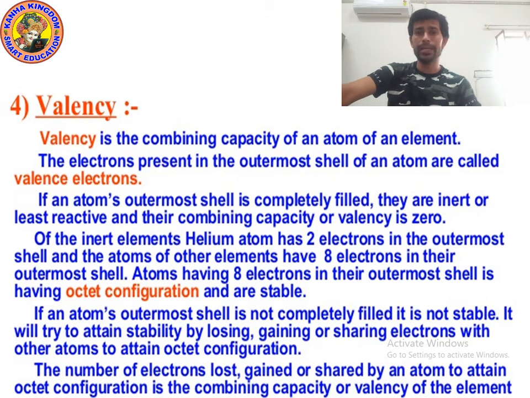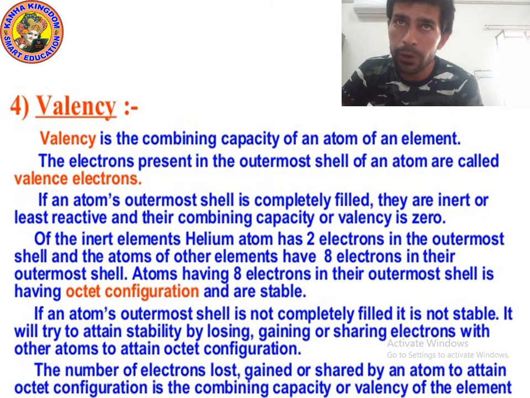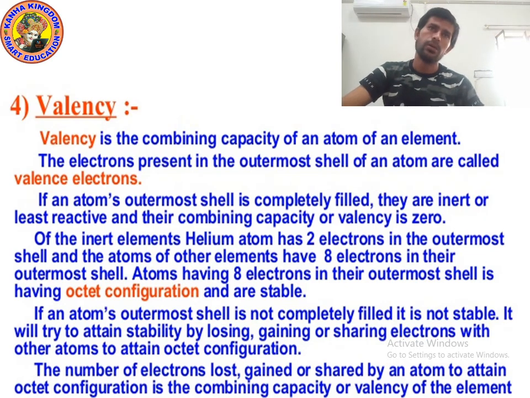To check the valency, we check the electrons of the last shell. The electrons present in the outermost shell of an atom are called valence electrons. If I talk about hydrogen, what is the valency of hydrogen? It is 1, because its combining capacity is 1, as it can lose 1 electron.